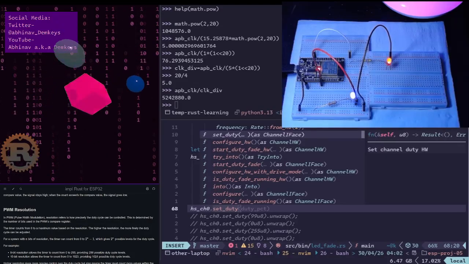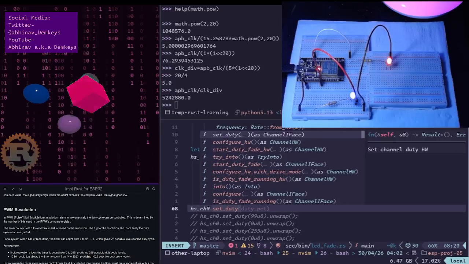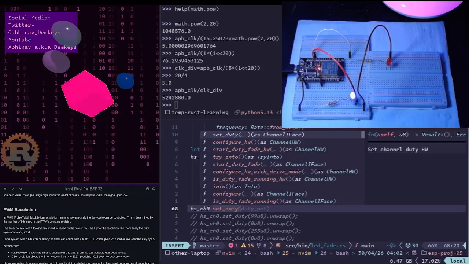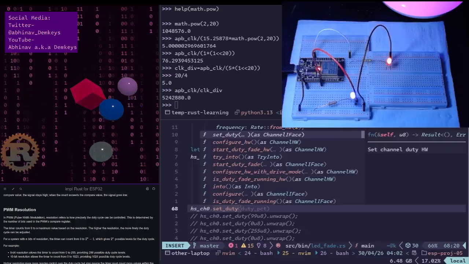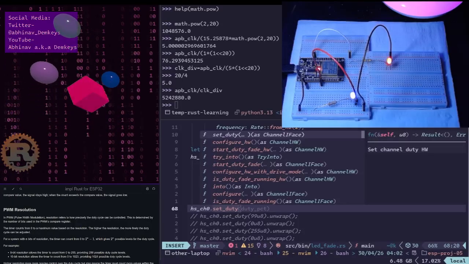Because we know that duty cycle is given in terms of percentage, right? When we are describing the duty cycle, we are describing it in terms of percentage.